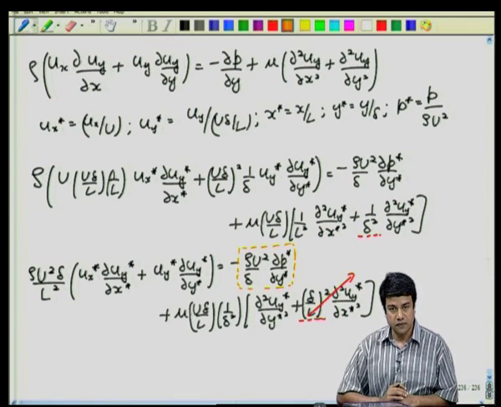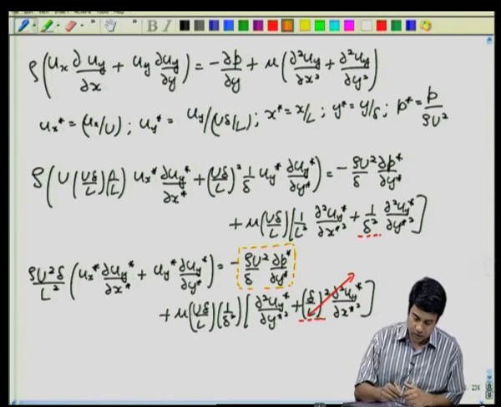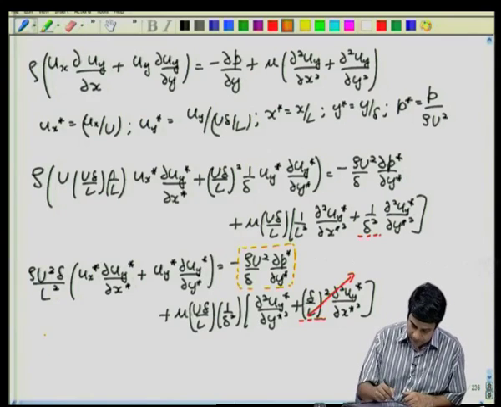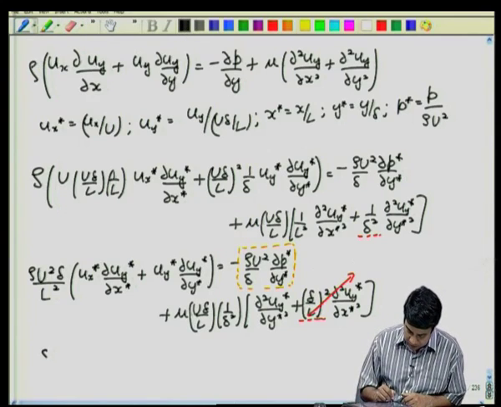So, I divide throughout by the prefactor of this term to get a dimensionless equation. If I divide throughout by the prefactor, on the left side I will get delta square by L square into u x.